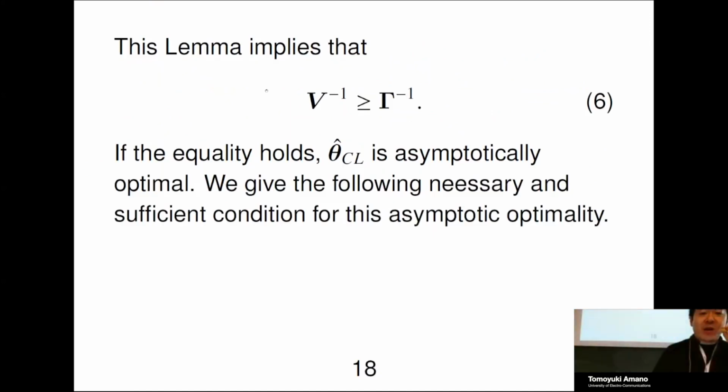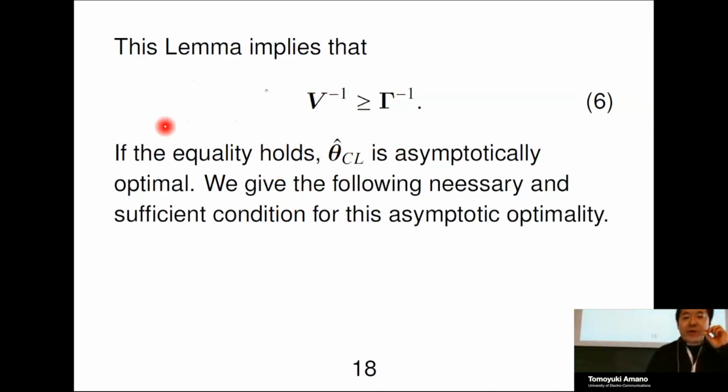And from this lemma, the asymptotic variance is larger than gamma inverse, and if this equality holds, CL is asymptotically optimal.